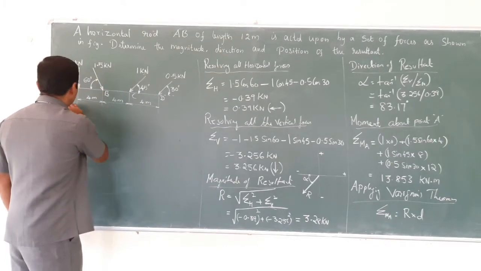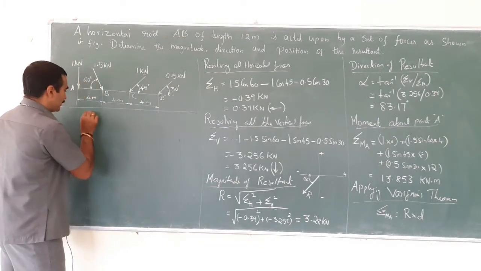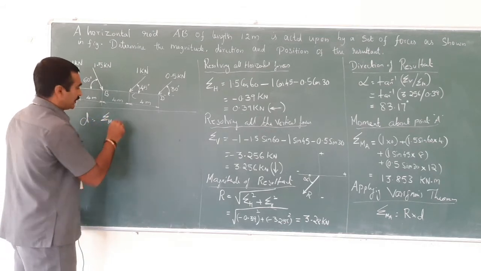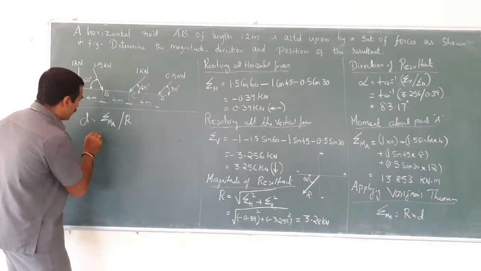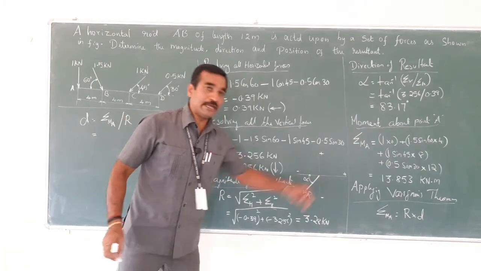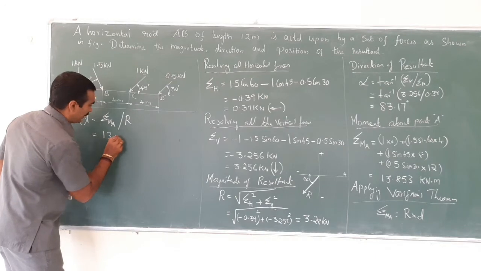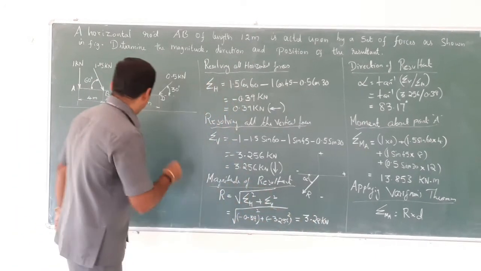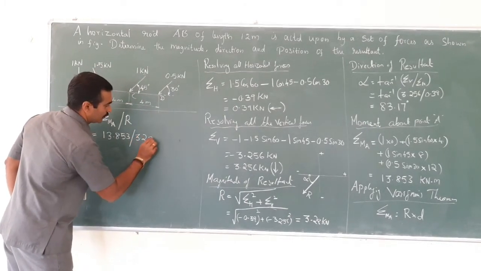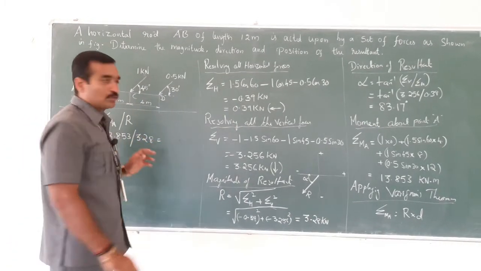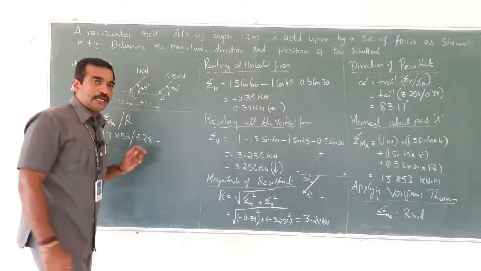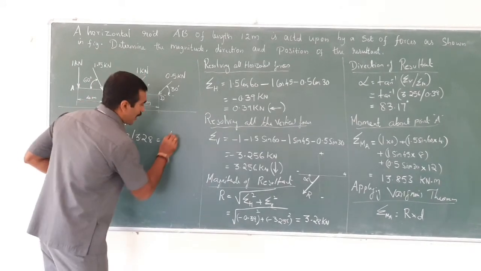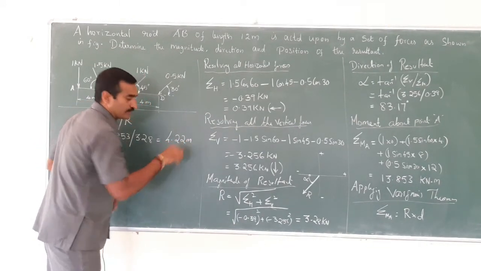So D is equal to summation of MA divided by R. The value of summation MA is 13.853 and the resultant value is 3.28. If you feed these values in your calculator, you will get the value of D in meters, which would be roughly 4.22 meter.